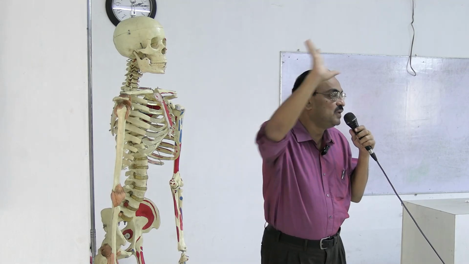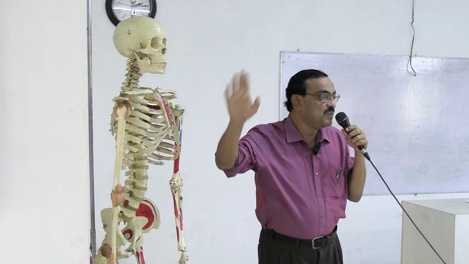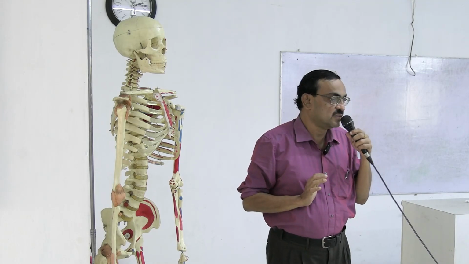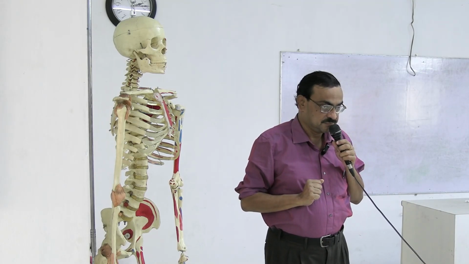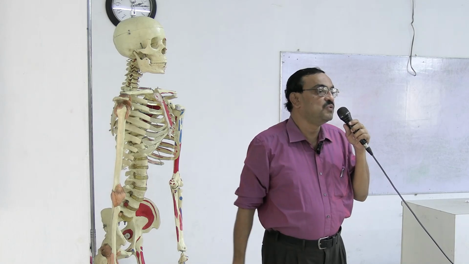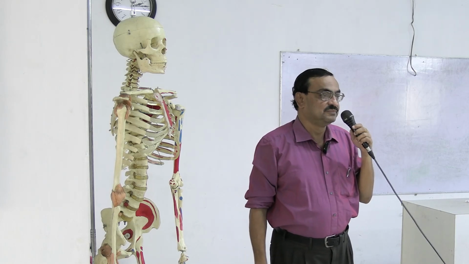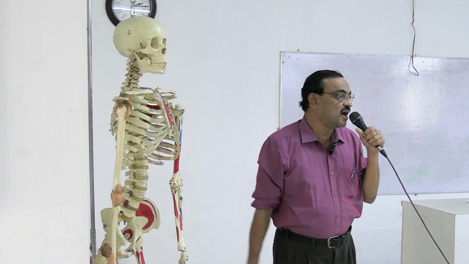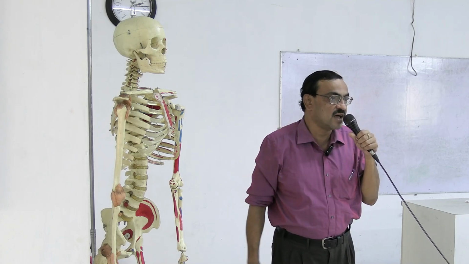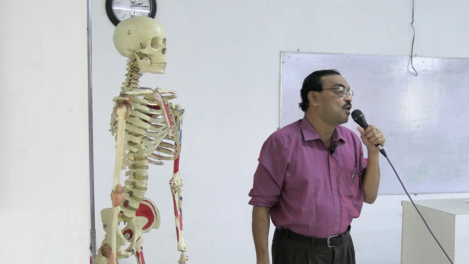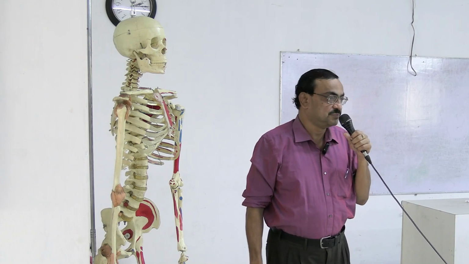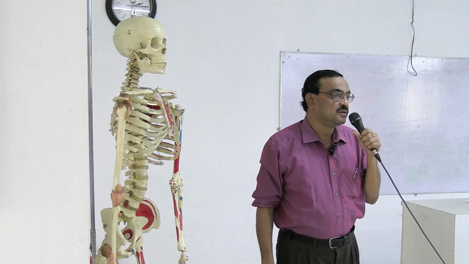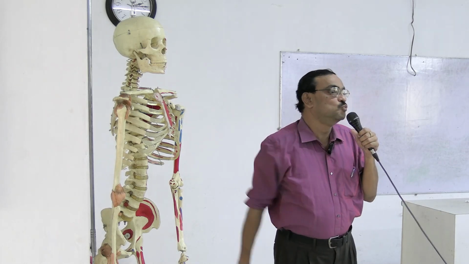From the lateral cord we will get some nerves, from the medial cord some nerves, and from the posterior cord some nerves. From the lateral cord we get LML. Remember, LML: lateral pectoral nerve, musculocutaneous nerve, and lateral root of the median nerve. From the medial cord we will get 5MU.